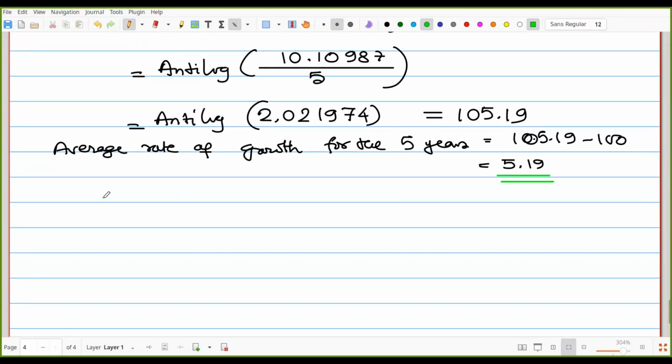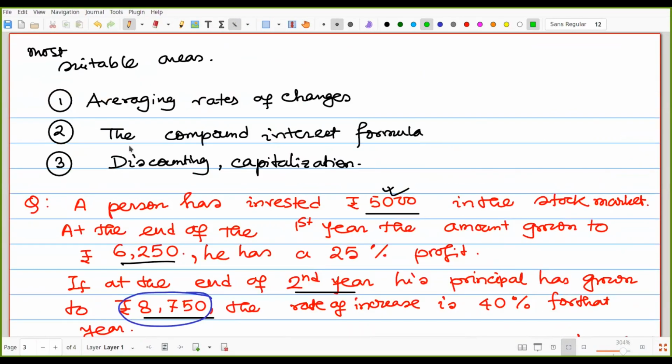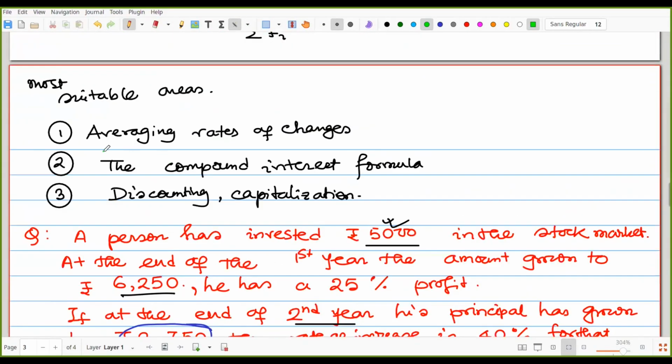So we can write it like that: the growth would have been 5.2% per annum. So in that way, we can use the geometric mean.